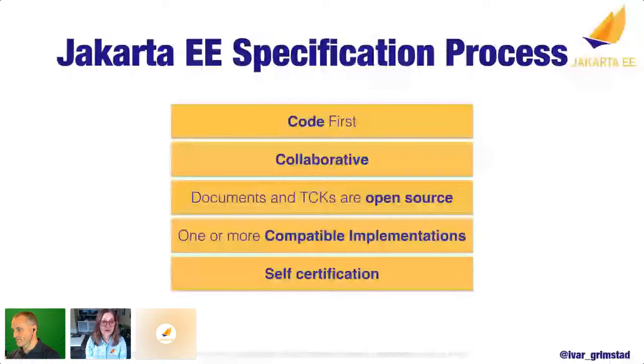The approach is to ensure that we do code first, and prove that something is worthy of a specification, and then write the documents and create the specification per se. So that is kind of different from what the JCP approach was. They were first creating the document and then writing the code based on the specification document.